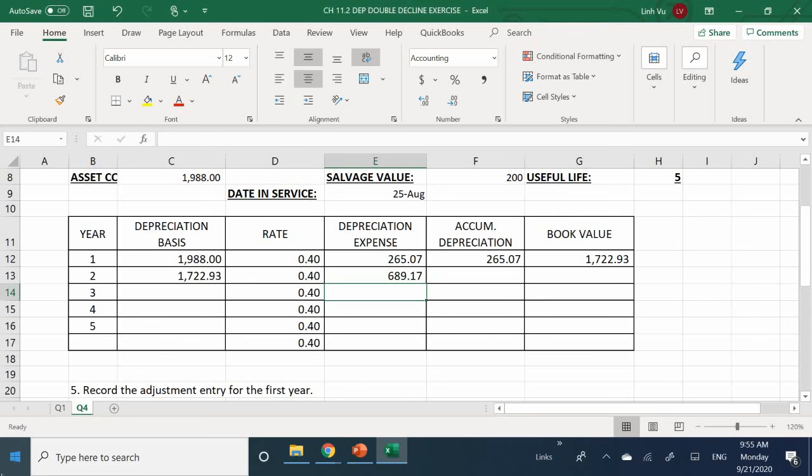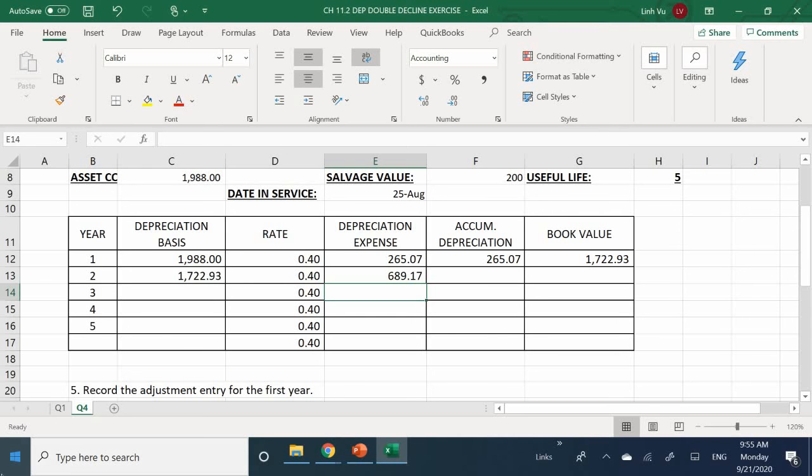Now, what's the difference between the first year's and the second year's depreciation expense? What's the difference between them? Is it because the first one was only based on 4 months of the year? Is that what you mean? Exactly, just like you said it.